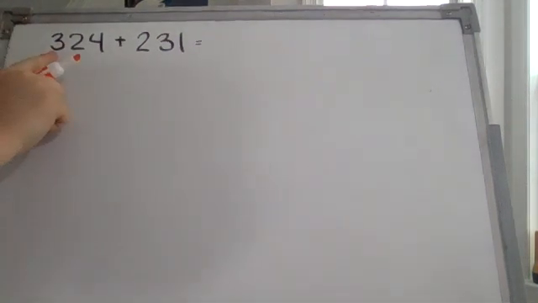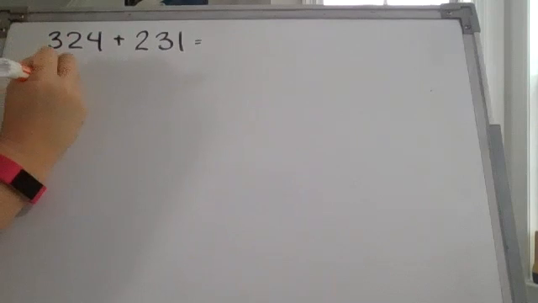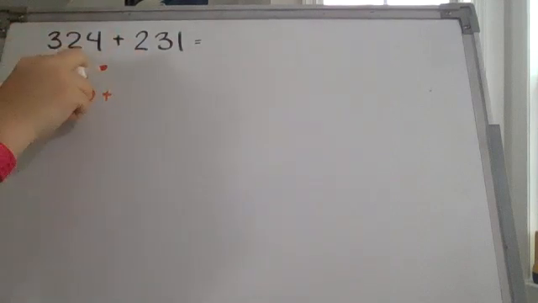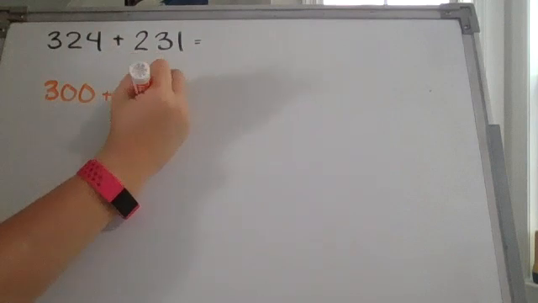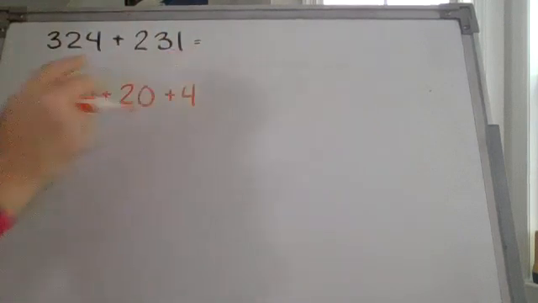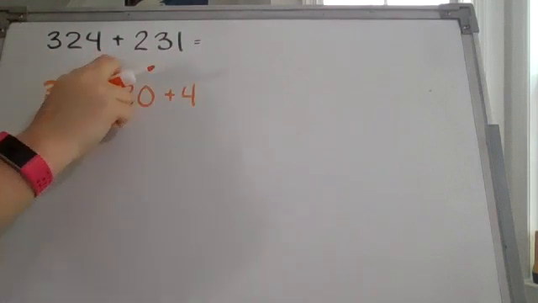So if I think about the number 324, I have a 3 in the hundreds place. The 3 in the hundreds is 300, okay? 300 plus 2 tens, 10, 20, and 4 ones. 300 plus 20 plus 4 is 324, okay?